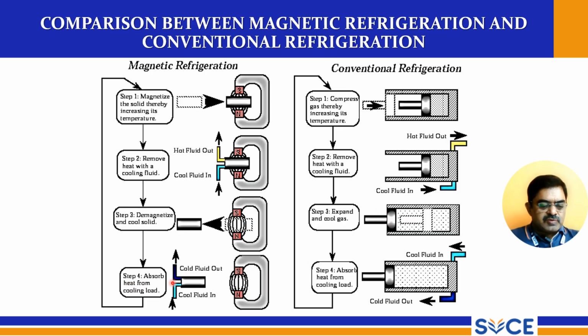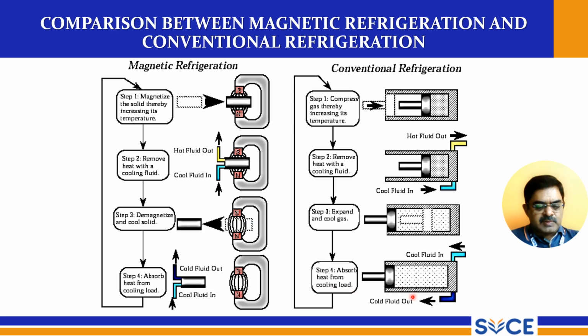And as the fourth step, absorb heat from the cooling load. Now the heat is absorbed from the cooling load, with cold fluid out and cool fluid in. This is what the solid is doing, and here it is nothing but the evaporation. This is the final stage of the cooling process, absorbing heat from the cooling fluid.